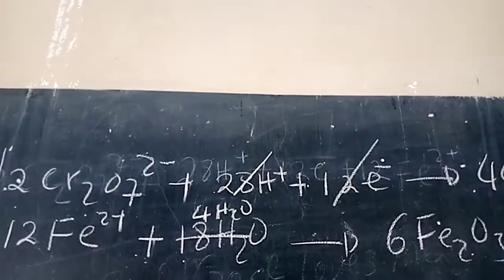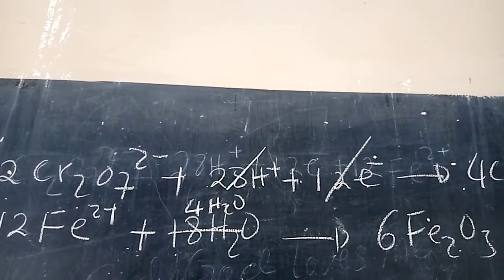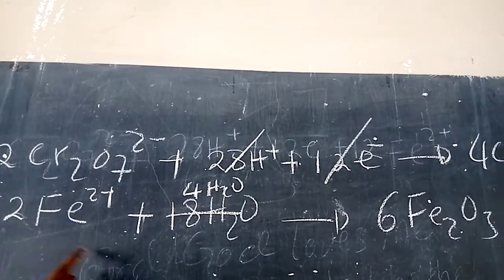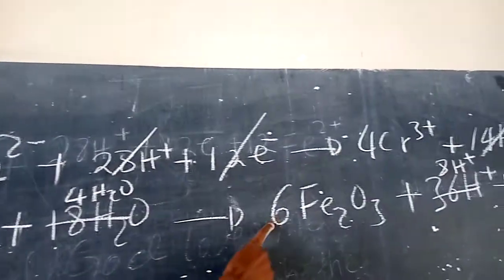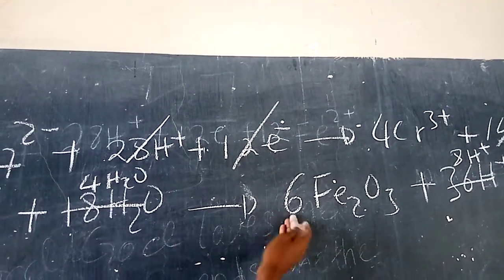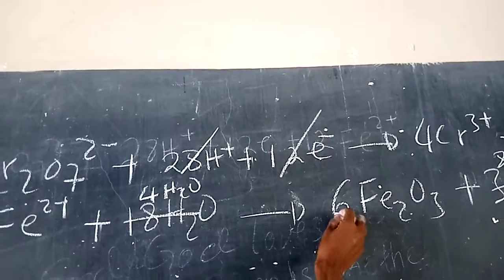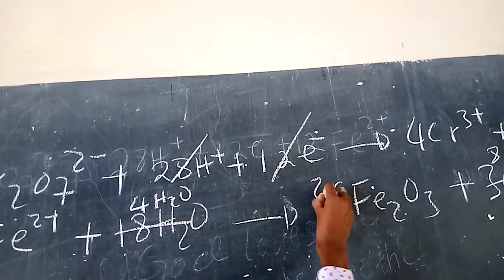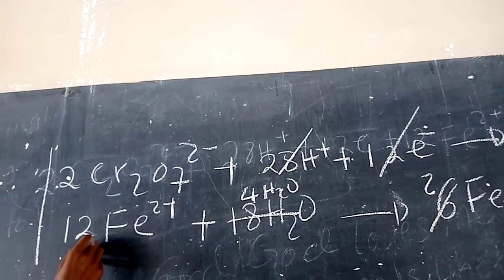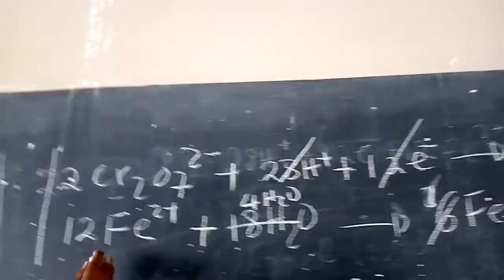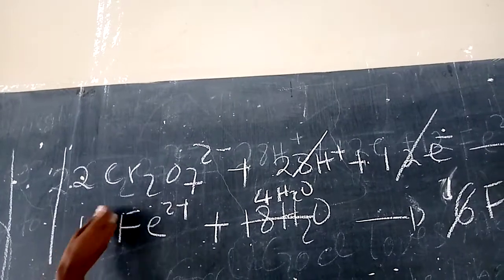Now, very simple. Here we have 12 iron, so 12 by 2 gives 6. We can simplify it by 6: by 6 here 2, here 1, here 1, and by 6 here it will be 2.